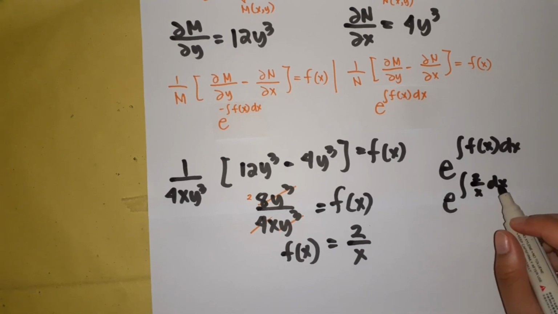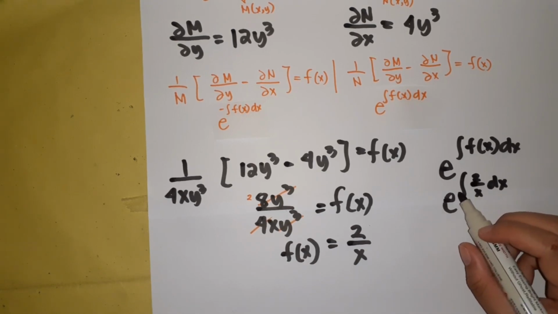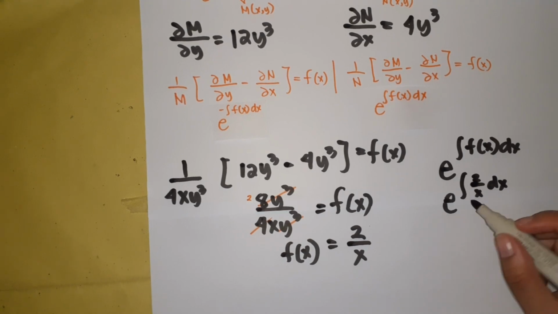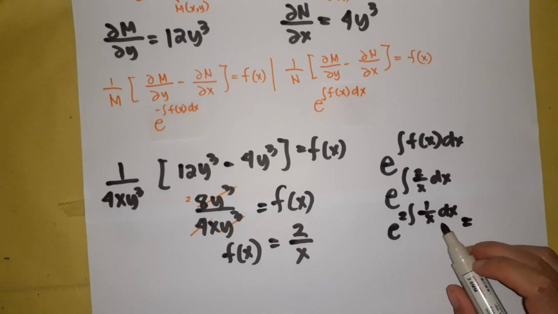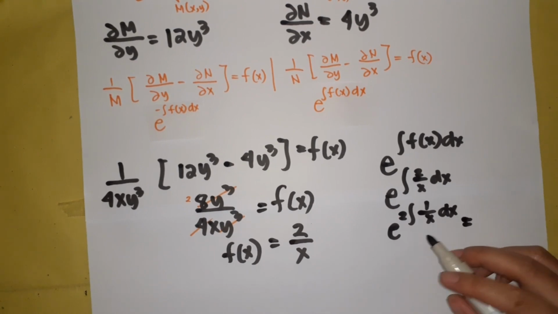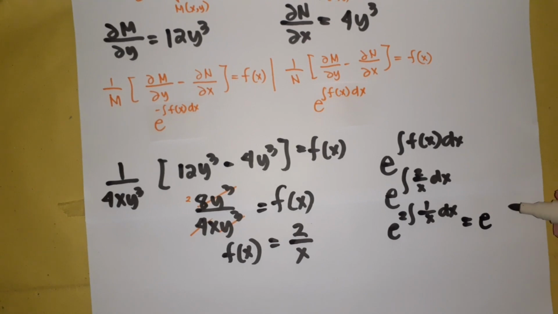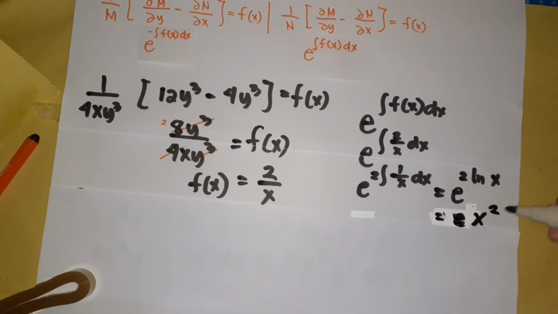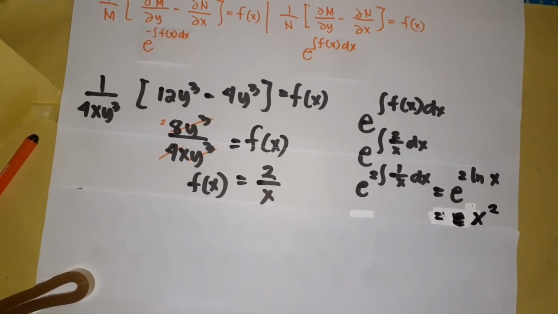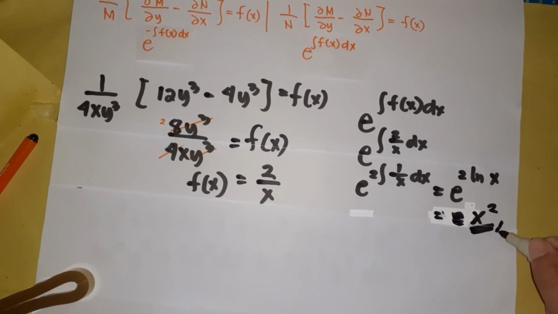We can transfer outside the integral our constant, so it is e raised to 2 times the integral of 1 over x dx, and the integral of 1 over x dx is ln of x. So our integrating factor is e raised to 2 ln x, which is x squared. So our integrating factor is x squared.